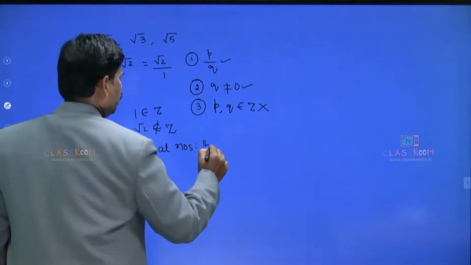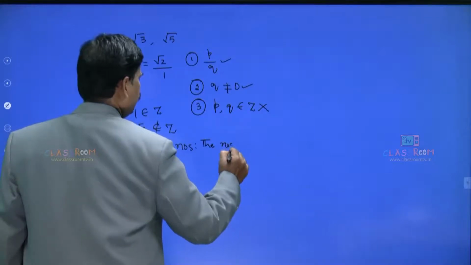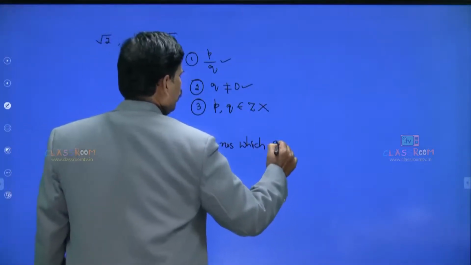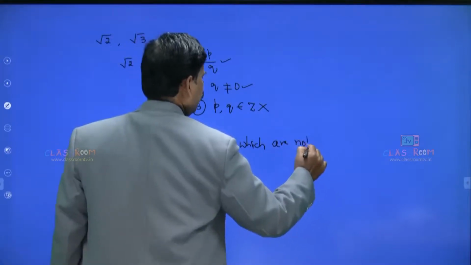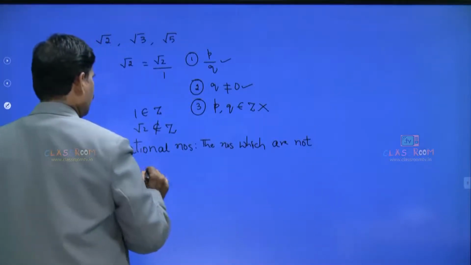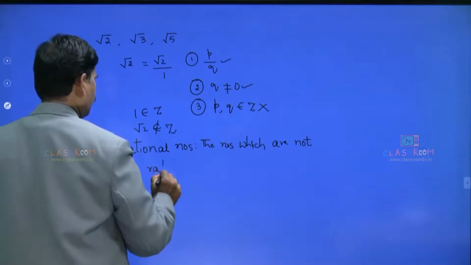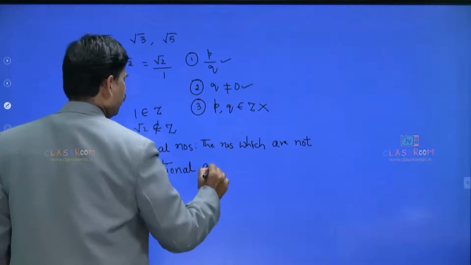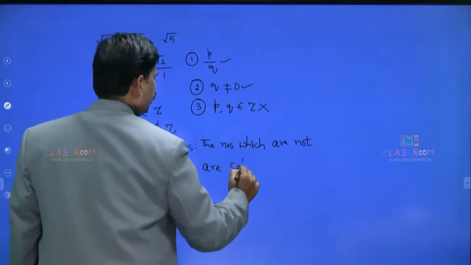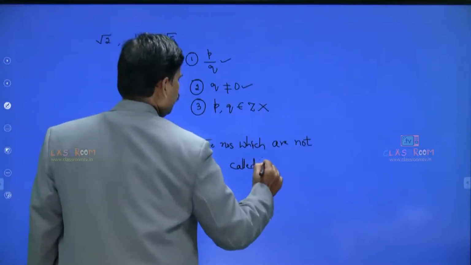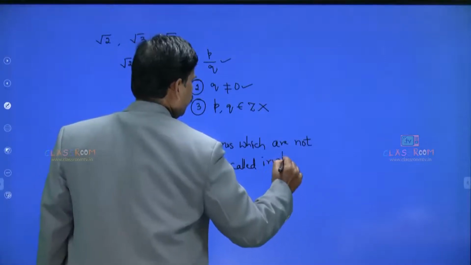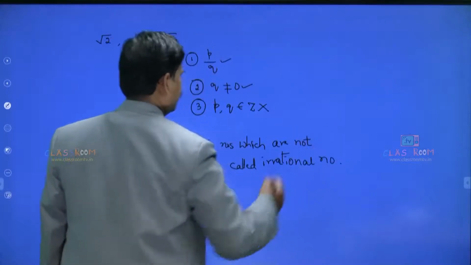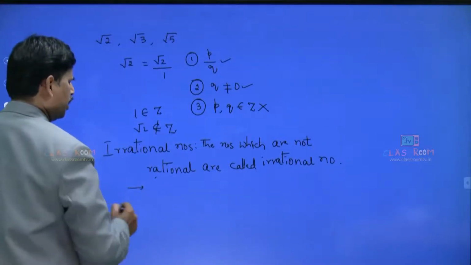So, the numbers which are not rational are called irrational numbers.